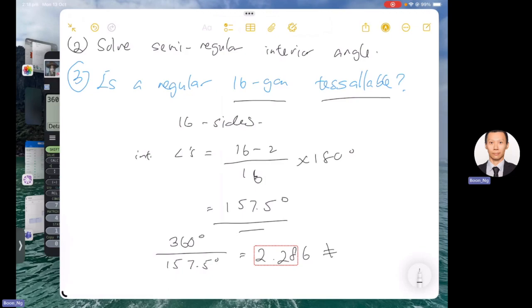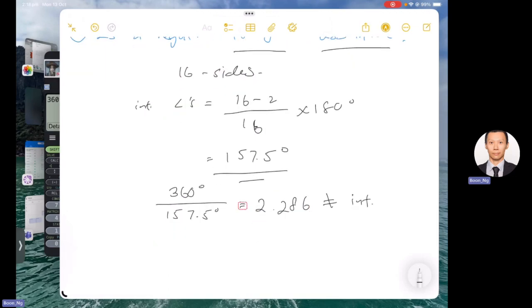This is not an integer. That means that this is not tessellable.